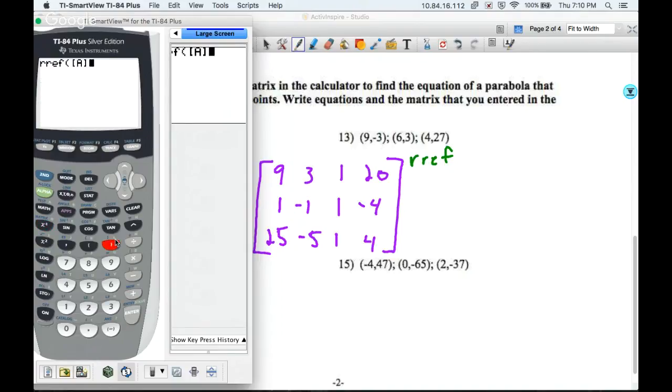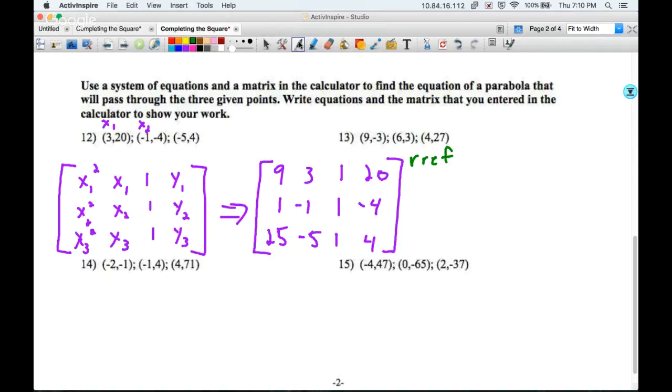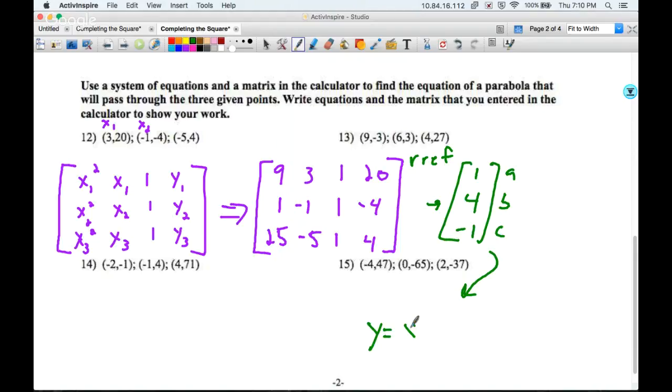We edited matrix A, so we're going to select matrix A. Enter, and we get the values 1, 4, negative 1. We're not done yet, though. We still have to put that into a quadratic equation. Realize this is an a, b, and c value. So what this is going to look like is y equals 1x squared plus 4x minus 1.